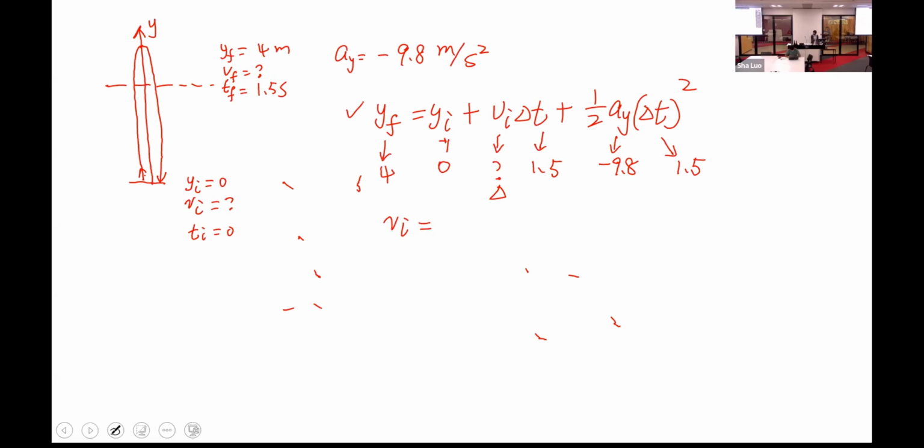By solving this equation, you will be able to find the velocity. Any suggestions? What is the initial velocity here? 10 is the correct answer. But you know the equation, I'm sure you can find it out later.